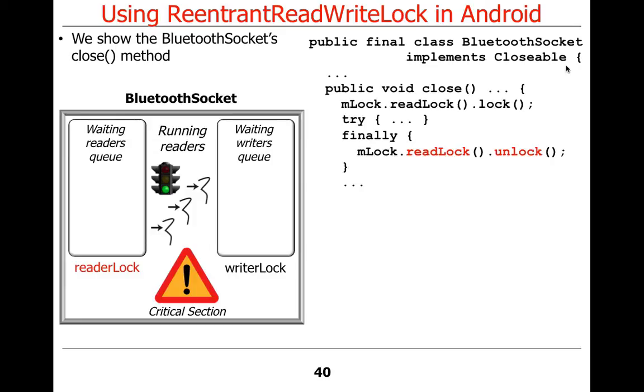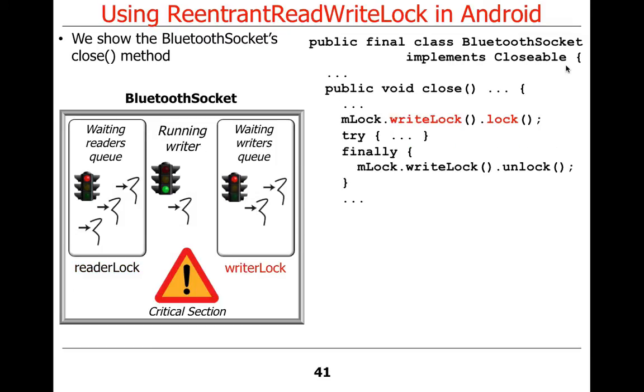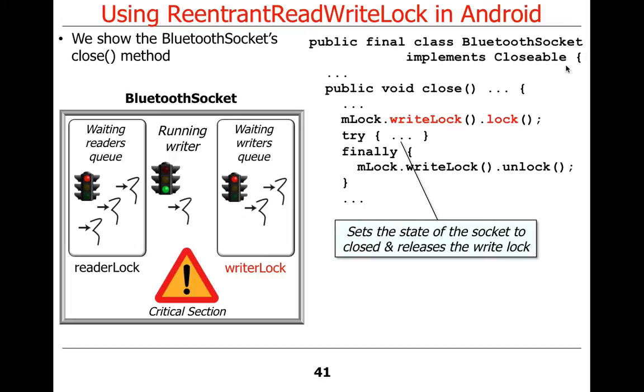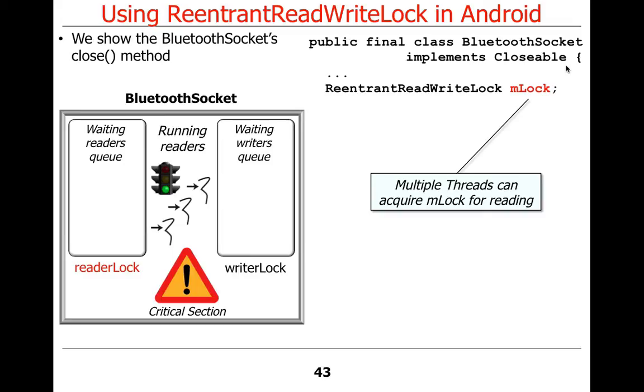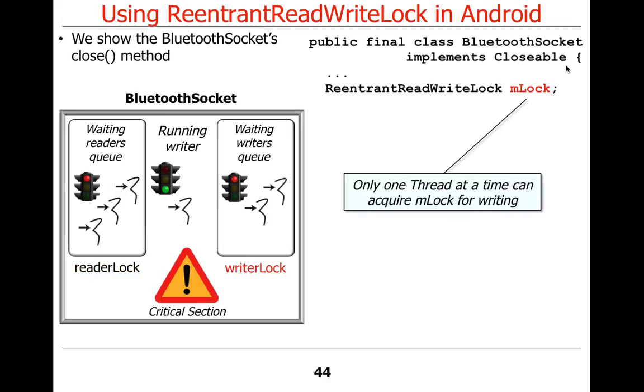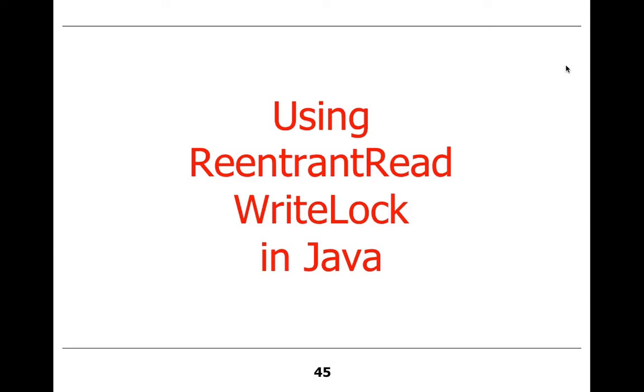So many threads will most likely grab a read lock and just bail out, no write lock acquired. So many threads can quickly shut themselves down. One thread will come through and actually close down the store, but just one. OK, so multiple threads can acquire the lock for reading, but only one thread at a time can acquire the lock for writing. Pretty cool.